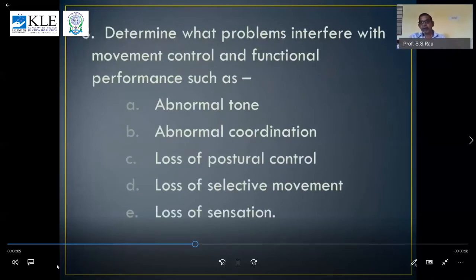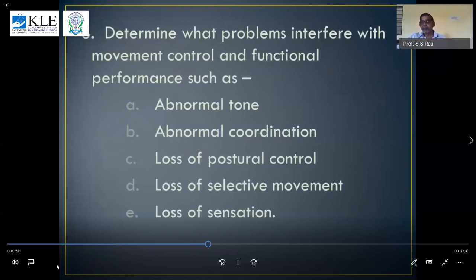Then you determine what problems interfere with movement control and functional performance. Now, what could be these factors? When we're talking of stroke, it could be abnormal tone, which could be hyper or hypo, or fluctuating, or dystonia as we call it. Abnormal coordination, that the movements are there, but they are not in a normal fashion. Loss of postural control, the patient is not able to keep himself upright, either in sitting or in standing.